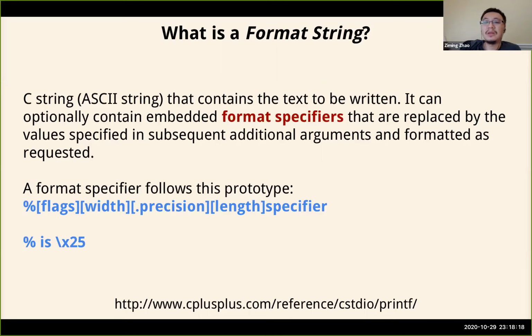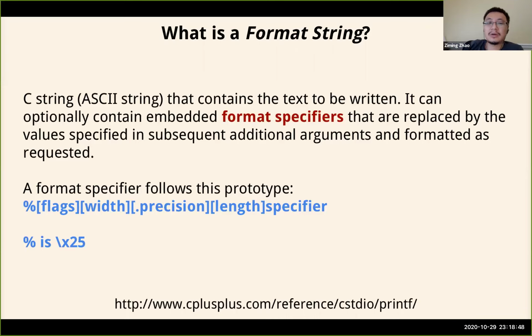So first of all, the format string itself is a C string, and it's also an ASCII string. A C string, an ASCII string ends with 0, right? And this format string, first of all, contains some text to be written. That's just text, no escape characters, just text.